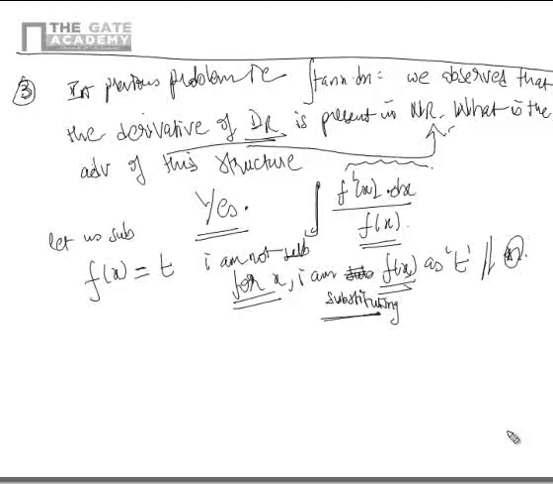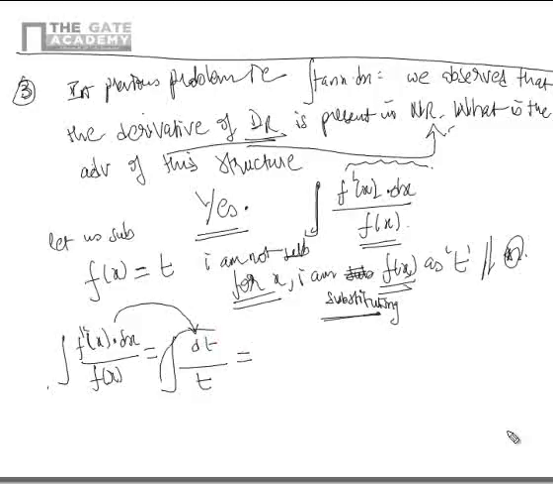So what will happen to this integral f dash of x dx by f of x? f of x is becoming t, f dash of x dx will become dt, and I know the result of this integration. This is always log of mod t plus c. And what is my t?